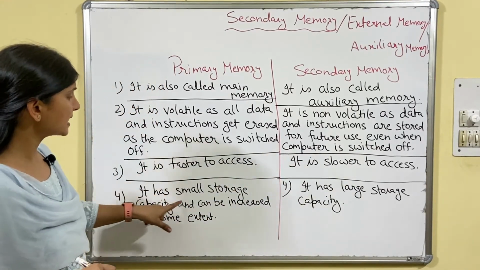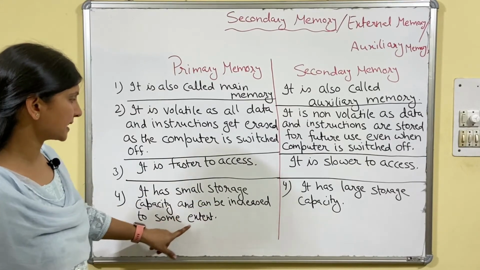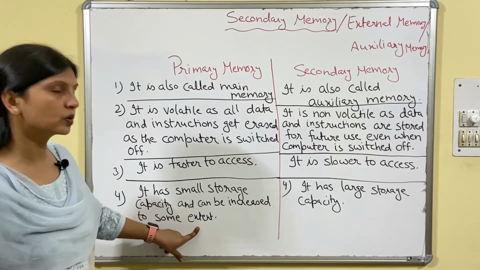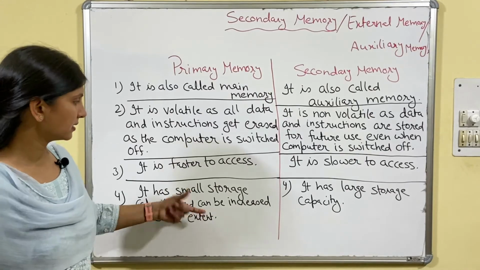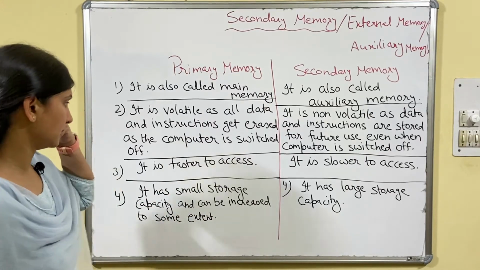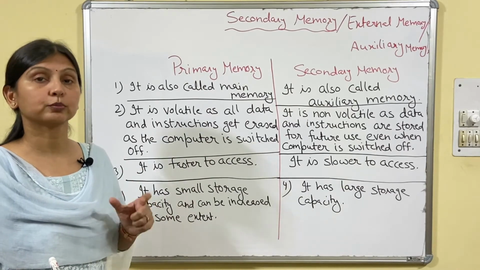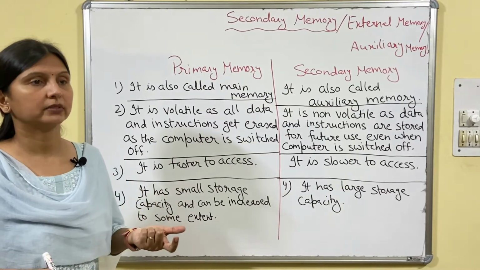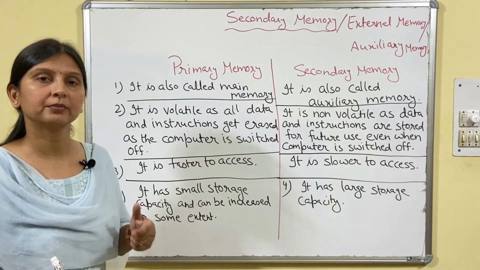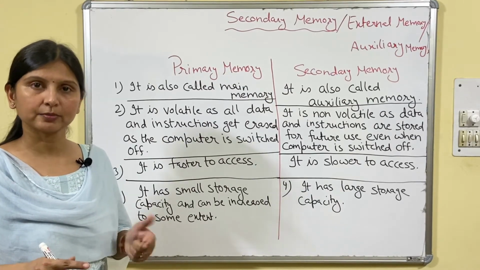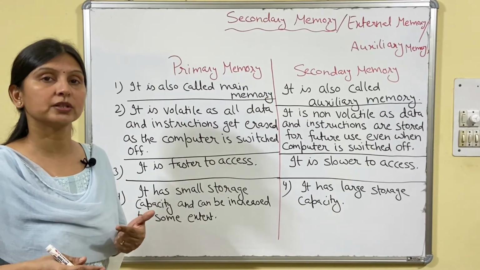Now the last is primary memory has small storage capacity, which can be increased to some extent. As you know, RAM has a small storage capacity, but you can increase it up to some extent. Like if you have 2 GB RAM, you can make it 4 GB, 8 GB or even 16 GB, 32 GB.